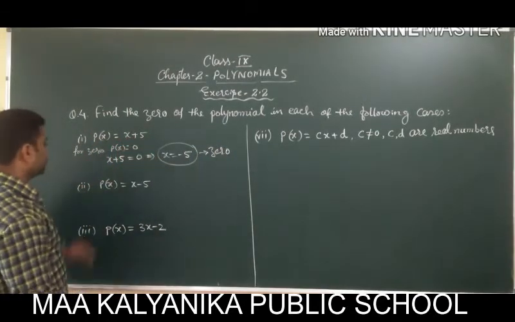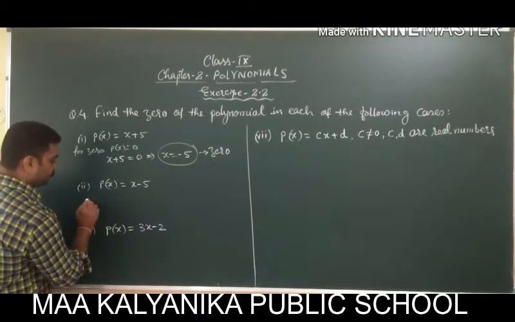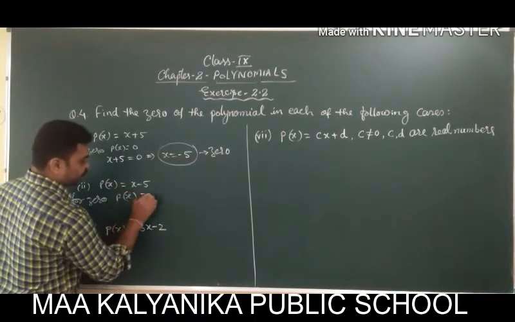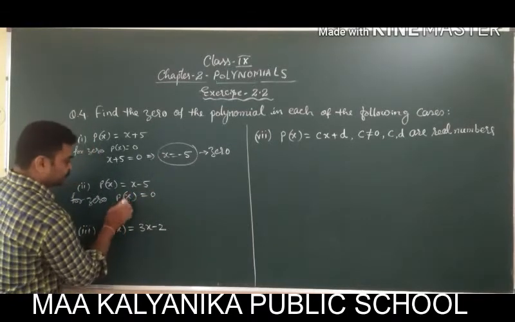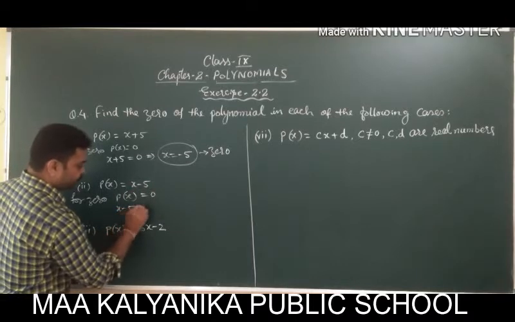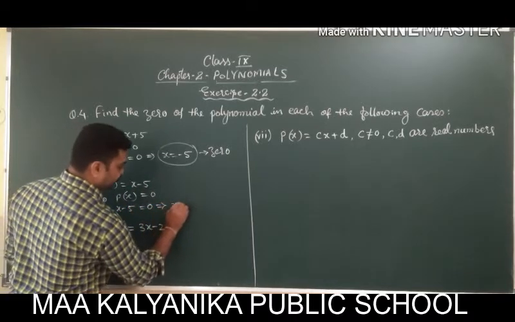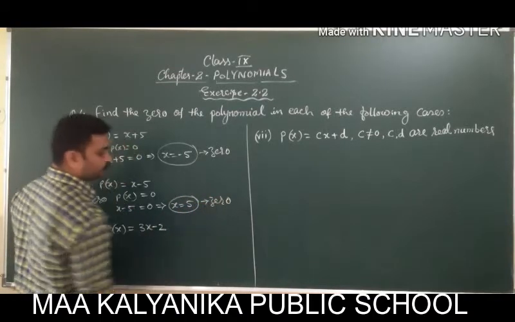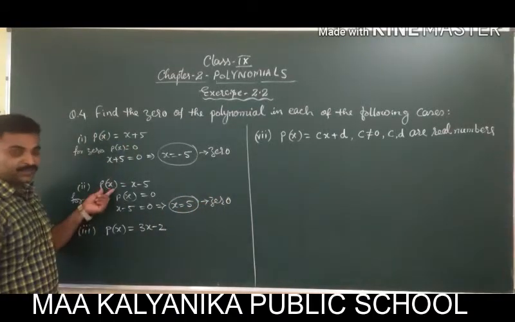Clear? Similarly, in this case, again we put for zero, p(x) must be equal to 0. That means, what is the value of p(x)? It is x minus 5. So, x minus 5 is equal to 0. This implies x is equal to 5. This is the zero of this p(x).